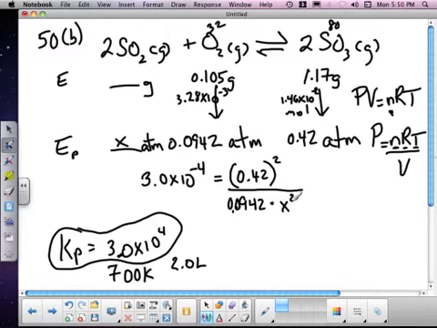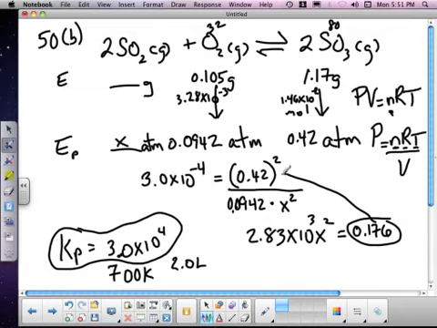When I take this denominator here and multiply it times the left-hand side of the equation, I get 2.83 times 10 to the 3rd X squared equals 0.176. This came from here, and I got this by taking this times that. Okay? All right, so I'm essentially cross multiplying and dividing.